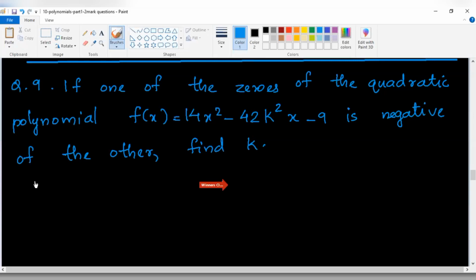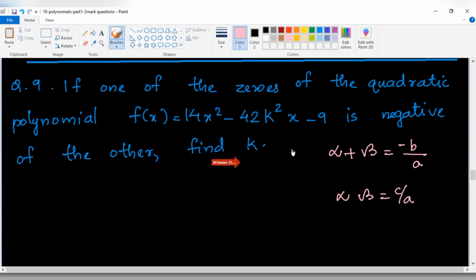This is the ninth question, the last question in this video. If one of the zeros of the quadratic polynomial is the negative of the other, that means one zero is negative of the other zero of the polynomial, then we have to find k. Normally we take alpha, beta as the zeros, right? And we know alpha plus beta is minus b by a and alpha beta is c by a.